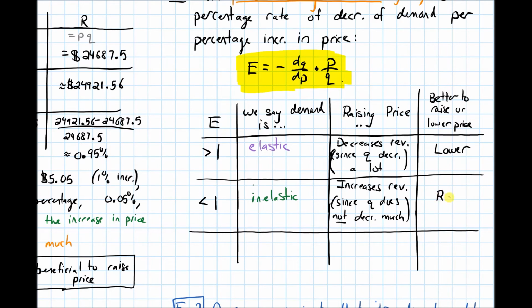The final case is, what if E equals 1? If E equals 1, that's called unitary. We say the demand is unitary, or as the book calls it, unit elasticity. In that situation, if we were to change the price a little bit, the percentage that the demand drops is going to be equal to the percentage that the price would have risen.